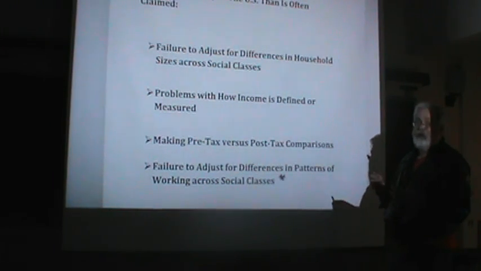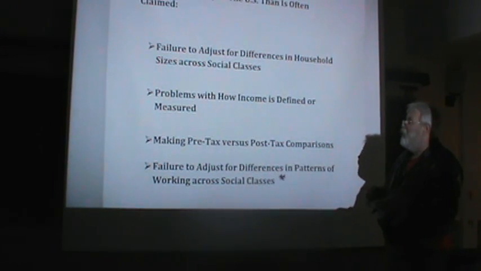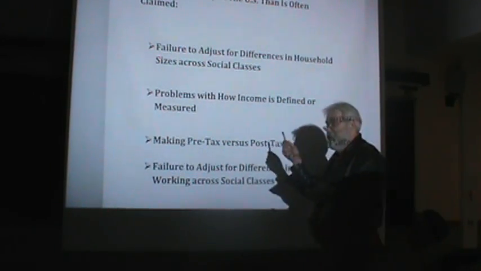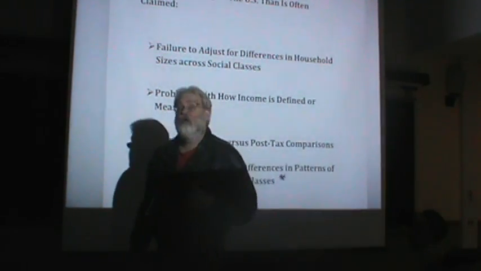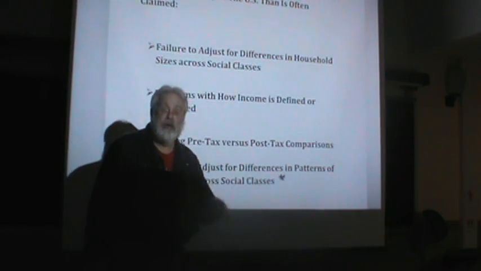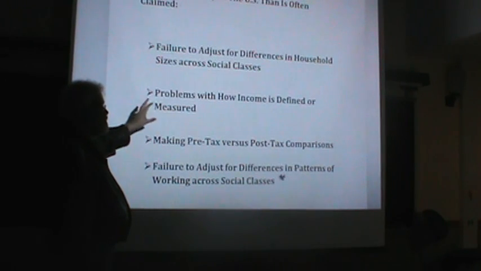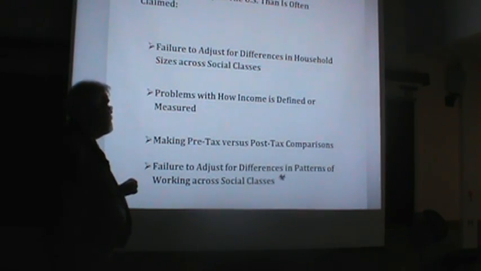For example, a lot of times welfare, various forms of government subsidies are not included in a lot of this data. A lot of times fringe benefits, non-cash income, doesn't show up. And a lot of that really begins to skew and distort income statistics.